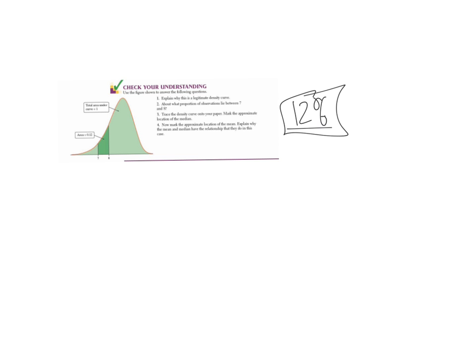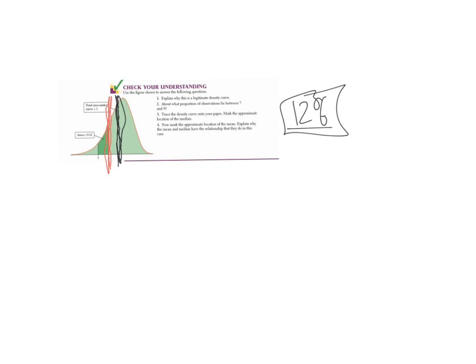Trace the density curve. Well, I don't need to do that because I have what I have. Mark the approximate location of the median. Well, for the median, I'm going to try to guess here where 50% would be. So we'll call this the median. Oh, sorry about that. This is the median. So if I were to draw the mean, which is number 4, I'm going to draw it slightly to the left here because, remember, it chases the tail.